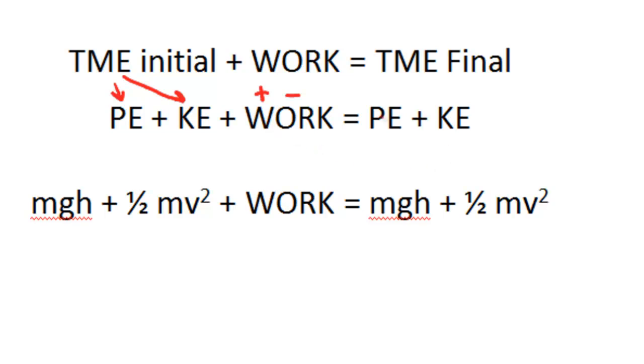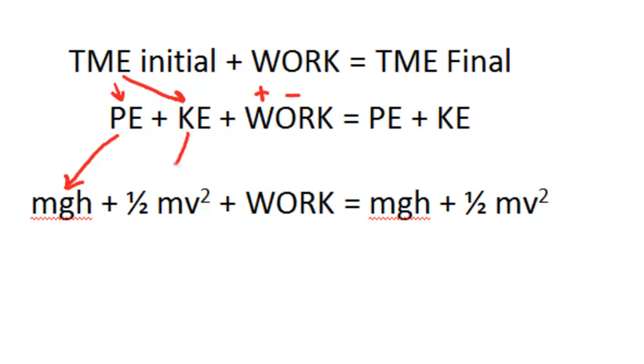On the reverse side, the final conditions, we want to know how much potential and kinetic energy we have at the end, or really how much total mechanical energy. For the sake of math and formulas in our calculations, we are going to refer to PE using the formula mass times gravity times the height of the object.